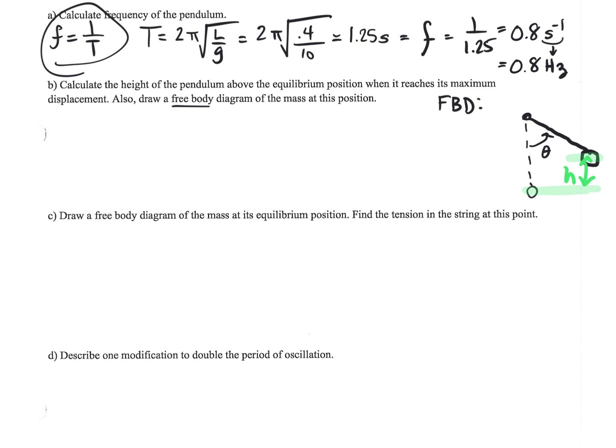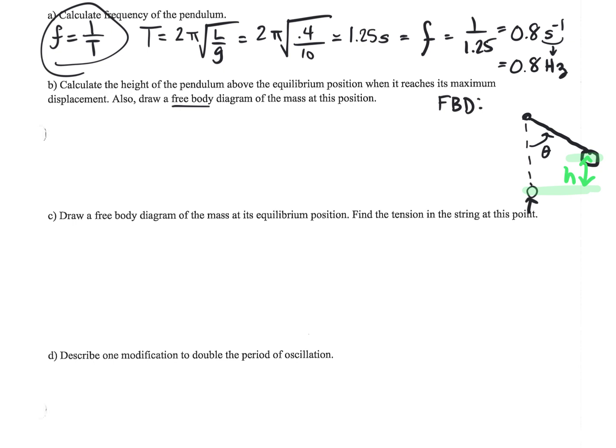You need to look at this from an energy standpoint. At its max displacement, what is its velocity? 0. It's stopped there, isn't it? So if we look at it from an energy standpoint, what is its velocity at the bottom? At the bottom, at equilibrium position, it's going its fastest, isn't it?